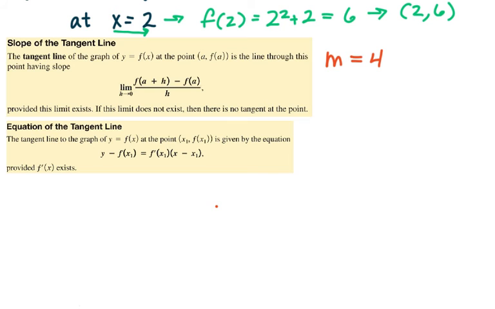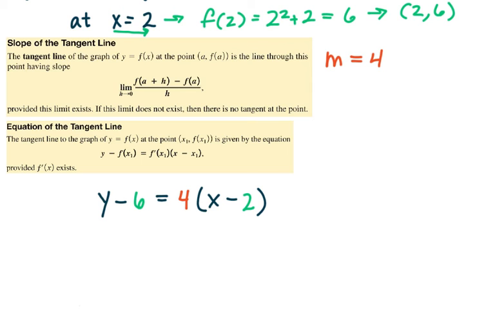So if I want to write the equation, that's going to be y minus, my y1 value is 6, equals m. M is 4, that's my derivative, times x minus 2.